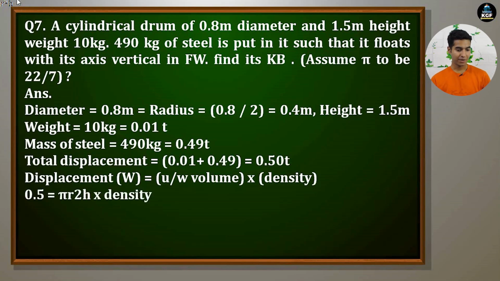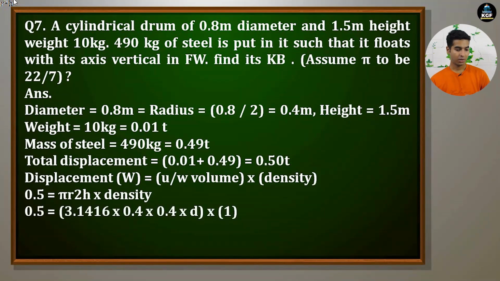Now displacement will be underwater volume multiplied by density. As it is a cylindrical drum, the volume formula will be pi r square h. So 0.5 will be pi r square h into density. We have the density for fresh water, which is 1. We have to find the draft.